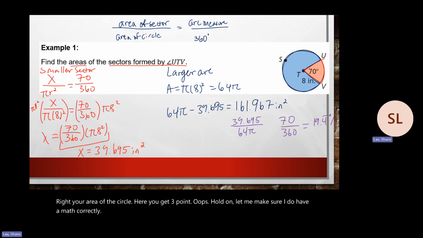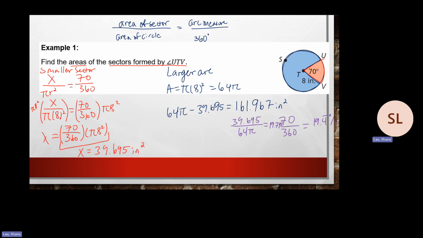Yep, that should be good. 39.695 divided by 64 times pi. And would you look at that? You get it so close: 19.74%.